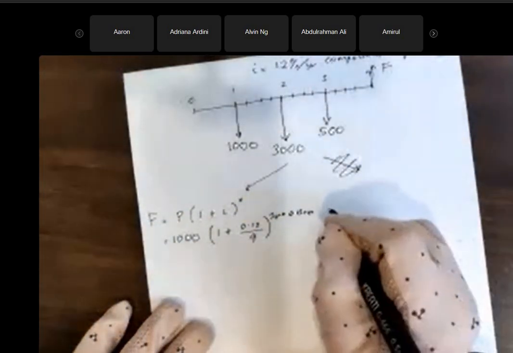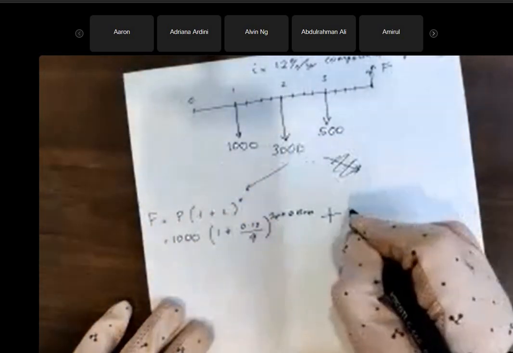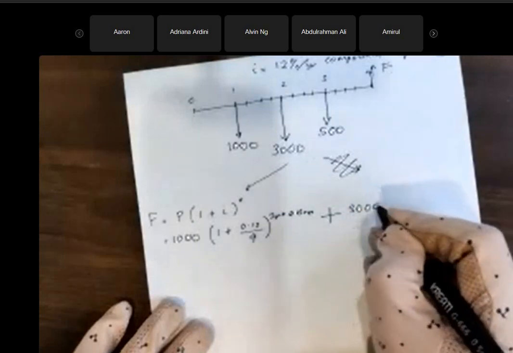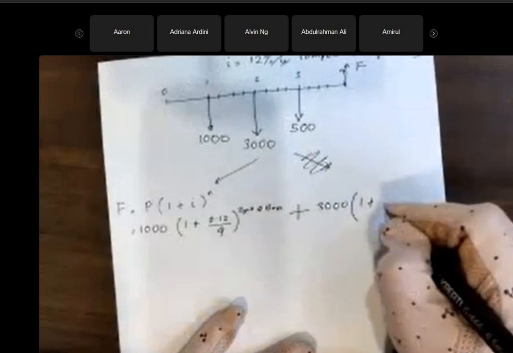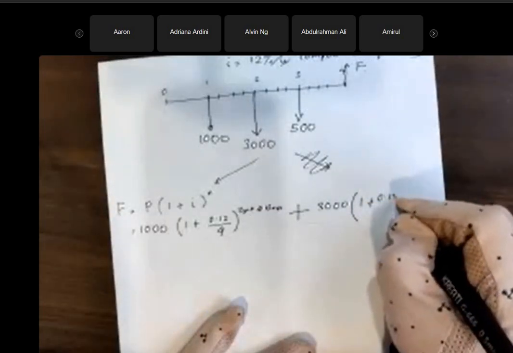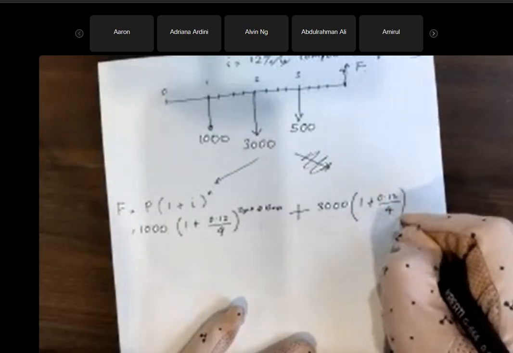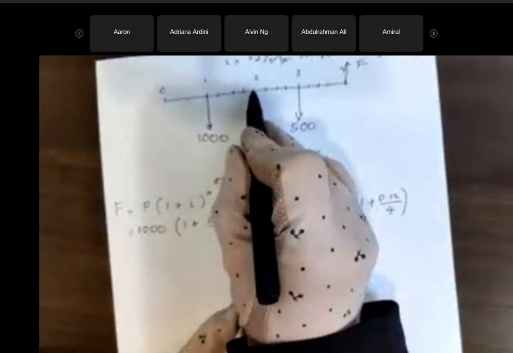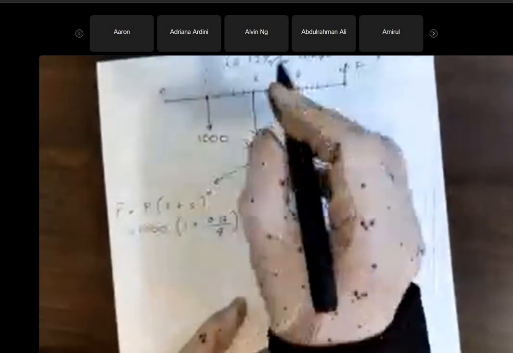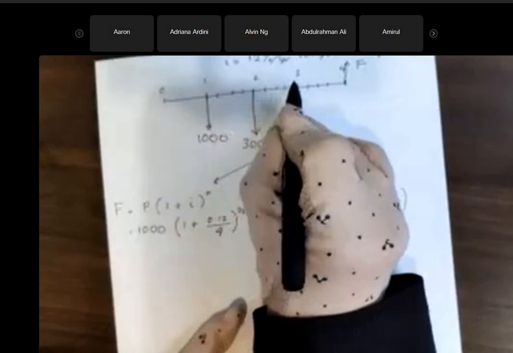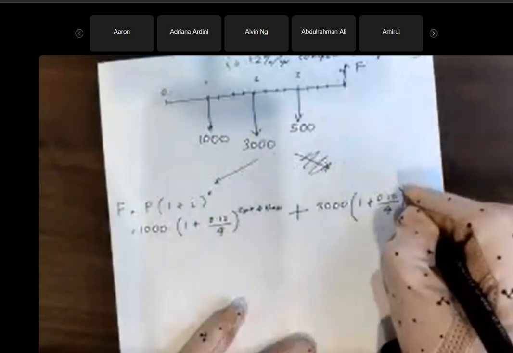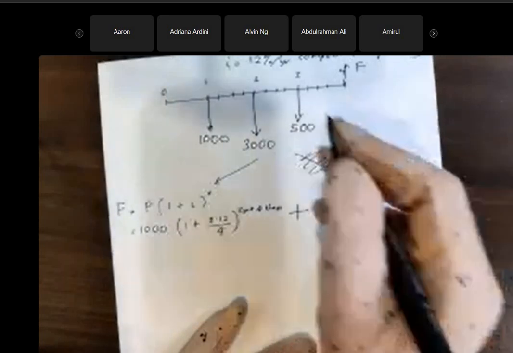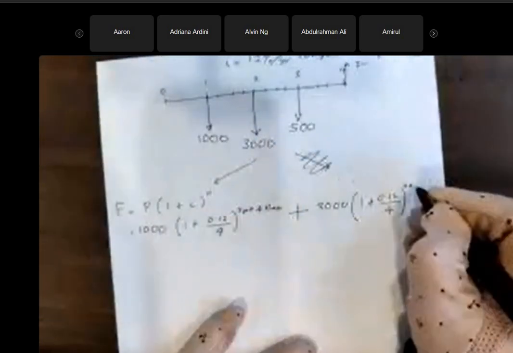Plus 3,000. Using the formula, 1 plus, still the same, 0.12 divided by 4. What is the period, the distance? 1, 2. We have 2 years difference times how many compoundings? 4 times.